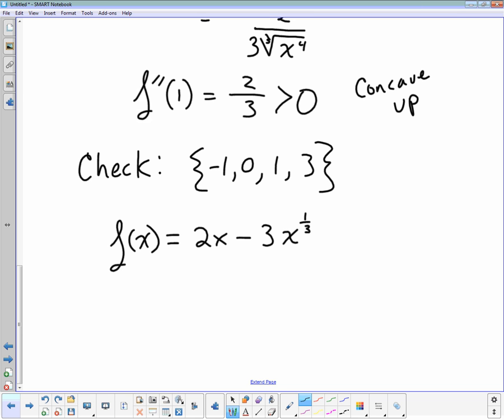Yes, some of your answers might be goofy square roots, cube roots.